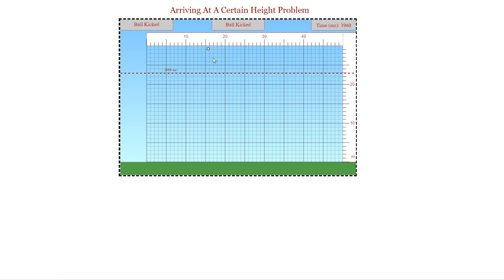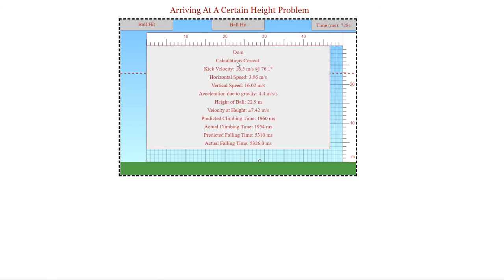It reached its peak and it's coming back down. 5326, so we're in the ballpark. And there we go. Our calculations ended up being correct, and hopefully yours are too.